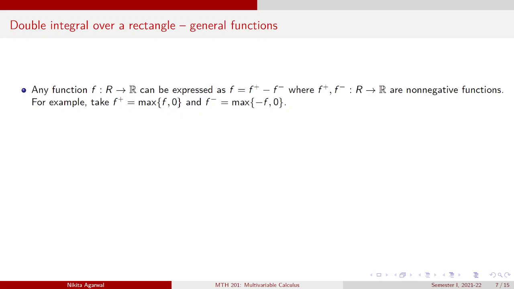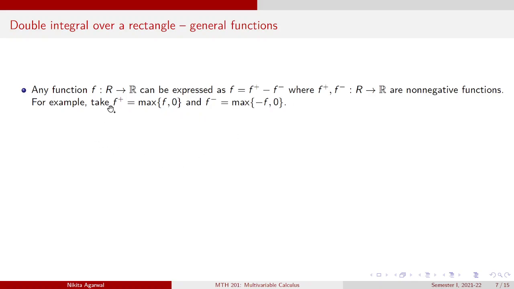Now suppose you have any general function which can take both positive and negative values. Then it's no longer the area under the curve, because now your curve is no longer above the xy plane. So what do you do in that case? The idea is pretty simple. Any function f from the rectangle R to the real numbers can be expressed as a difference of two non-negative functions, denoted by f plus and f minus.